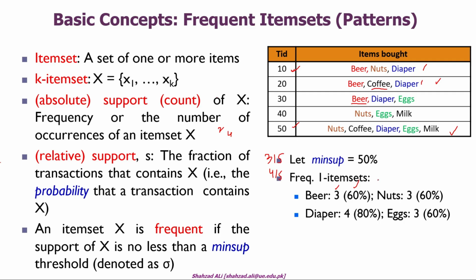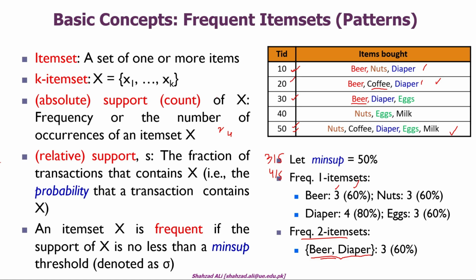But for frequent 2-item sets, you may check, there is only one, because beer and diaper happen together 3 times out of 5. Beer and diaper occur together in transaction ID 10, 20 and 30, but in transaction ID 50 only diaper occurs. So we want to find the occurrences of beer and diaper together.